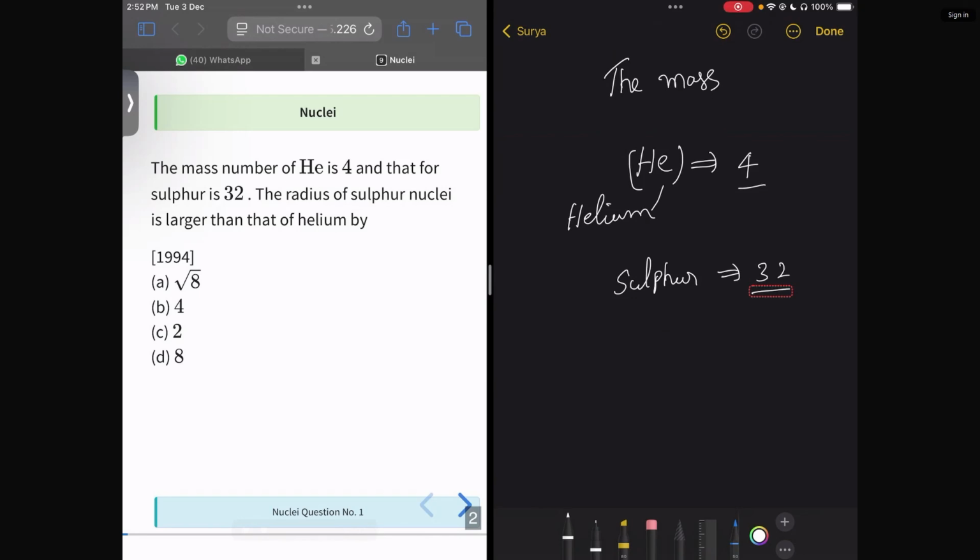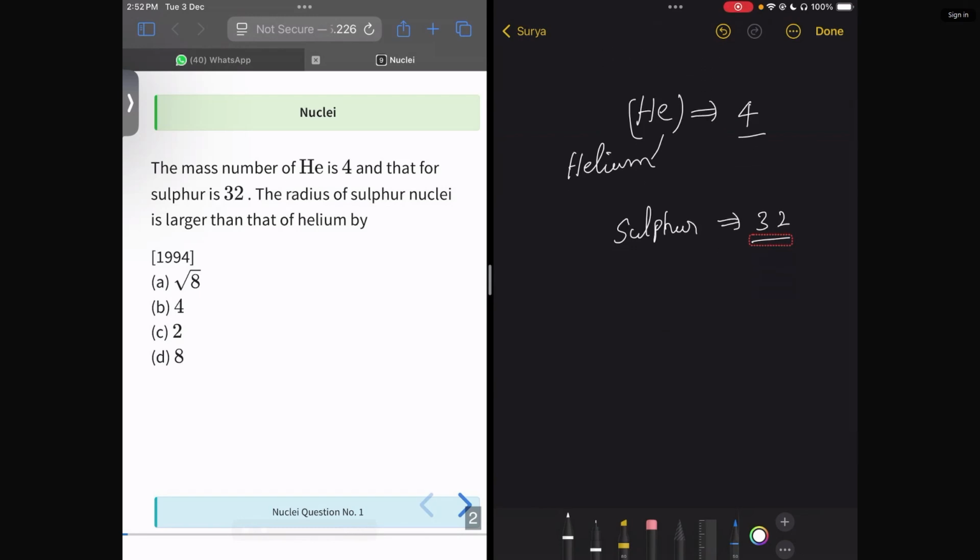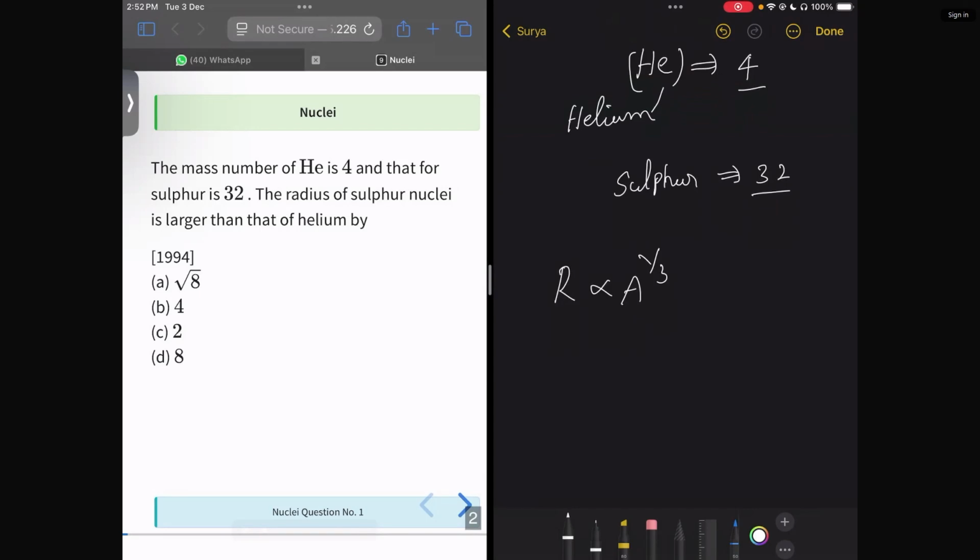So what is the relation between the mass number and the radius of a nucleus? The radius of any nucleus is proportional to mass number power 1 by 3, the cube root of the mass number. So this is the relation.